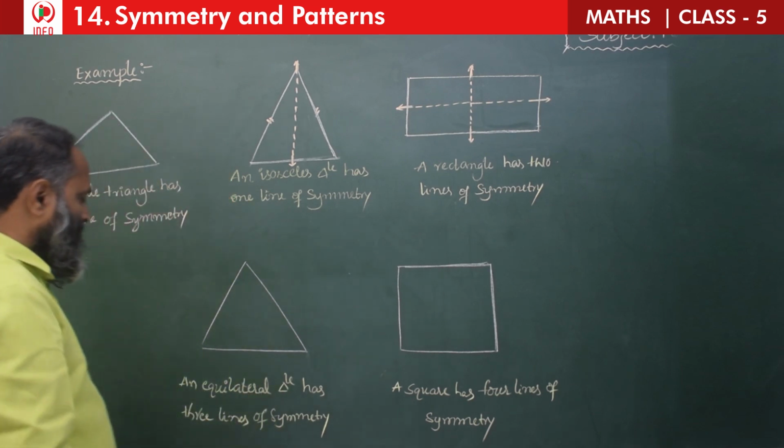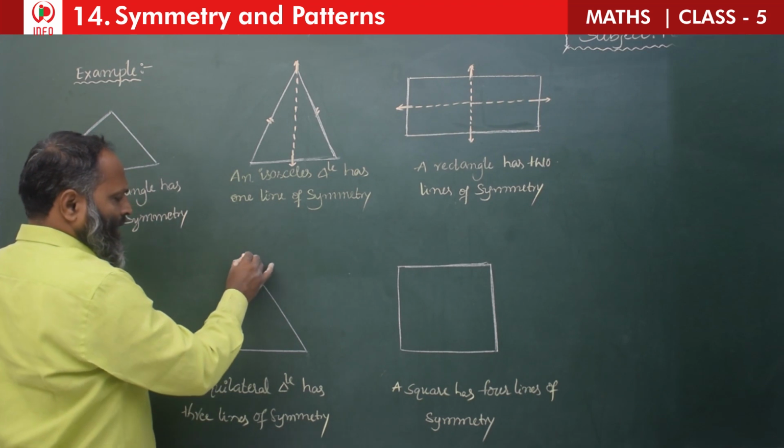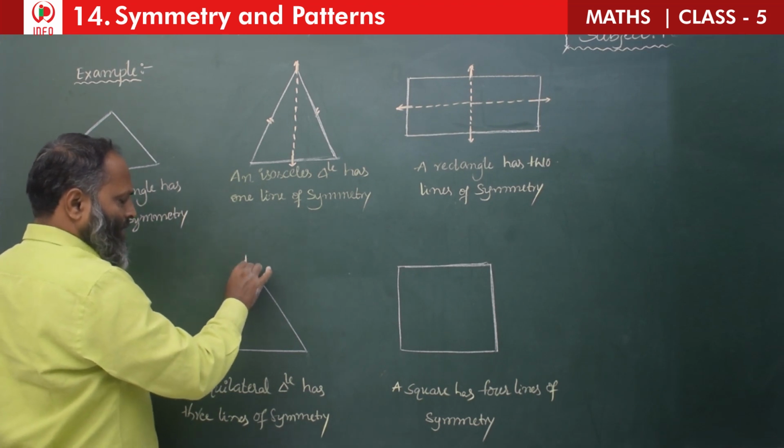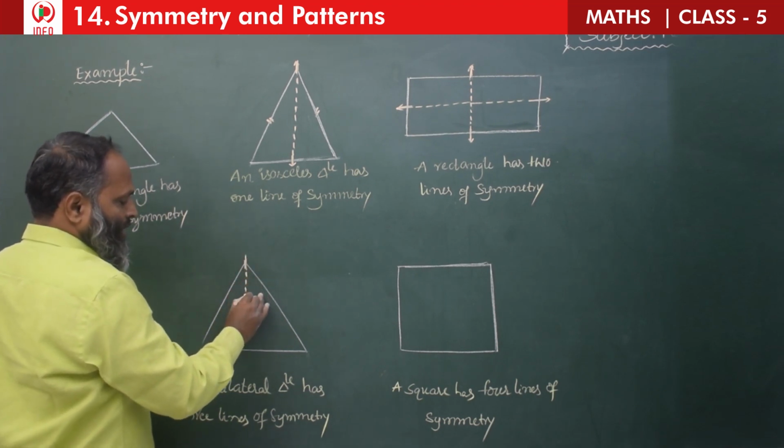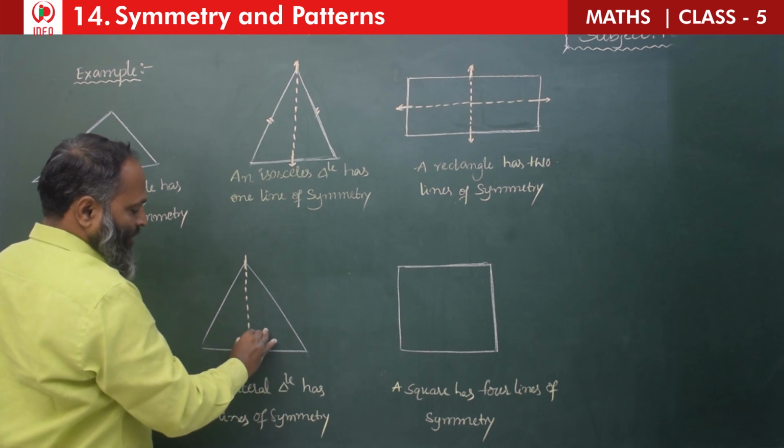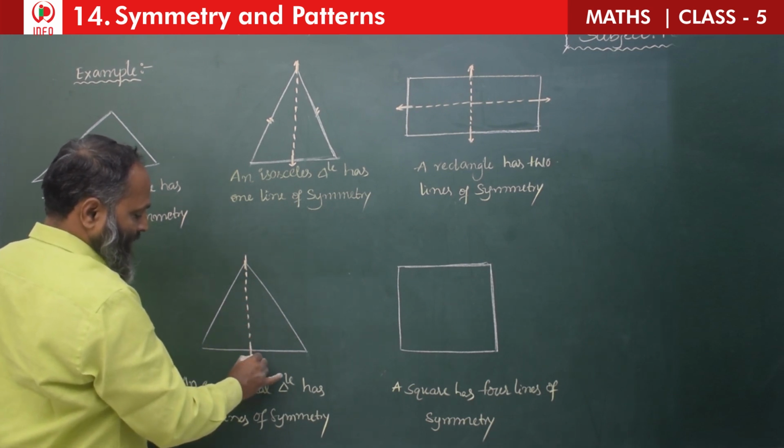Then the equilateral triangle. An equilateral triangle has three lines of symmetry. From every vertex we should draw a perpendicular line to the opposite side.